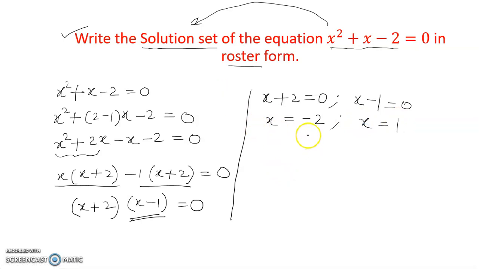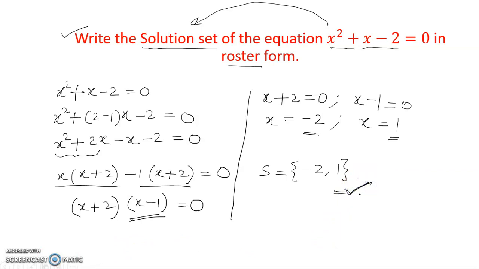So the solution of this equation contains two elements: one is minus 2 and the other is 1. So the solution set for this equation, let's say represented by S, can be given by minus 2 and 1. So this is the solution to this particular question.